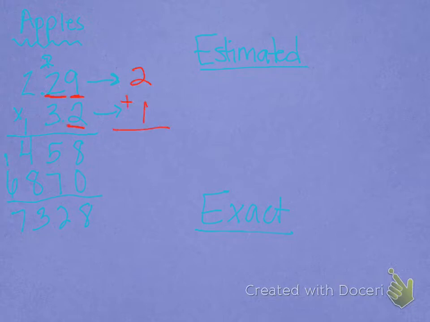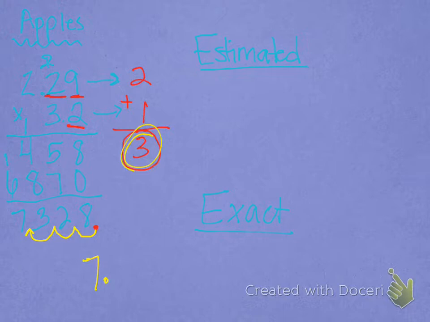So 1 plus 2 is 3. So that means we need 3 spots to move the decimal. So my decimal starts at the end like a period in a sentence, and we need to move that decimal 3 times. So 1, 2, 3. So our new answer would be 7.328.